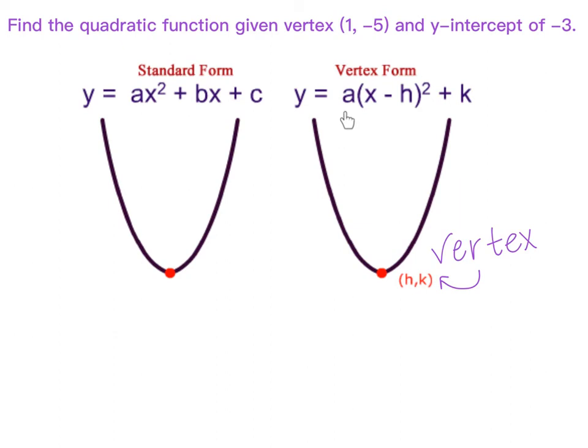So you take the a value, that's the same, and then we subtract the x value from the vertex here, so that's still giving us that x squared component, and then we're going to add the y value from the vertex. So that is going to give us a manipulation of the standard form.